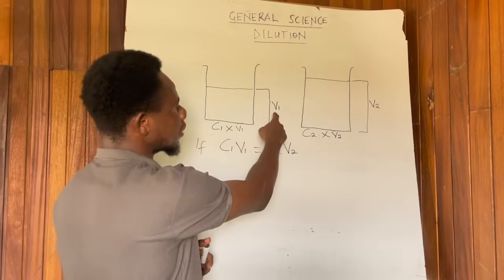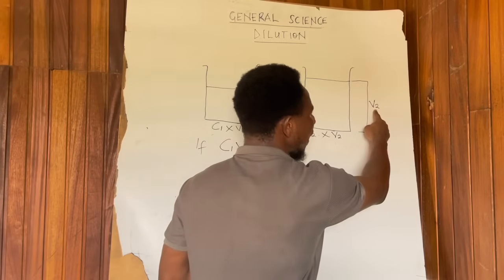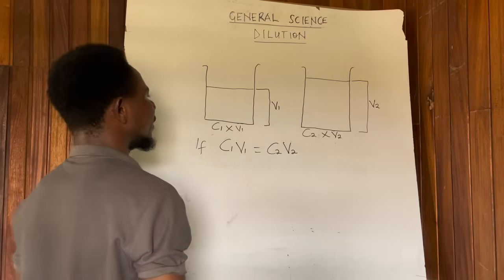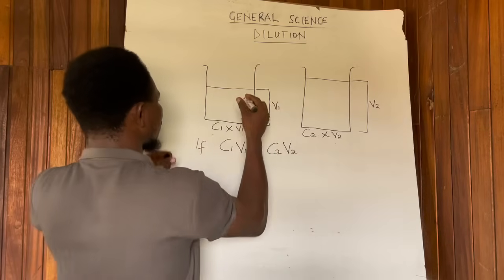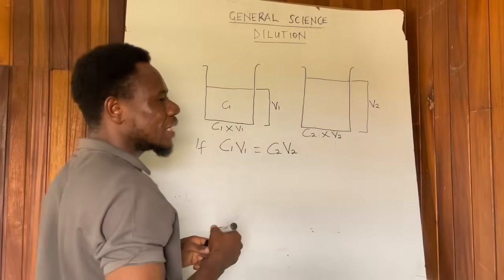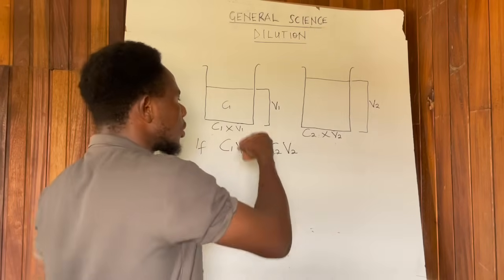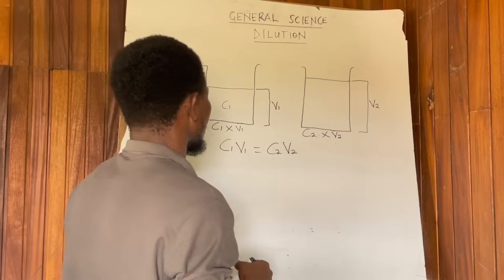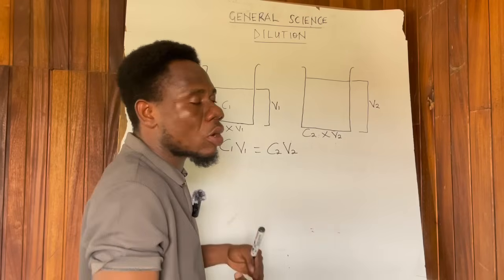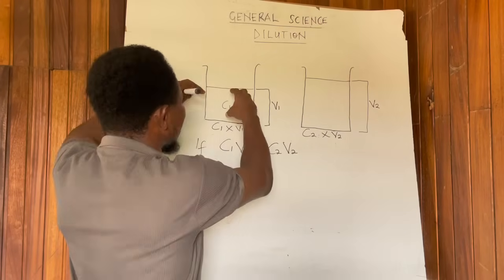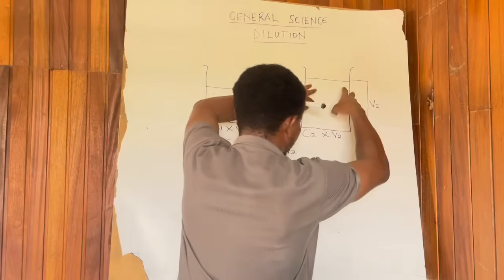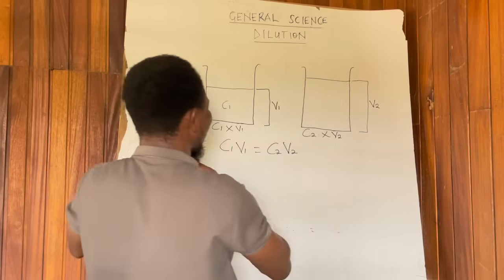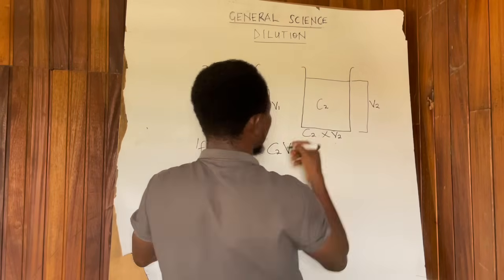This is the initial volume, this is the final volume. At the same time, this volume is having concentration, which is C1. That is, how concentrated the solution is. It is having a very high concentration, which is the same as the taste of our palm nut soup. So this will taste more delicious than this. So this is the initial taste of the solution, and this is the final taste of the solution.